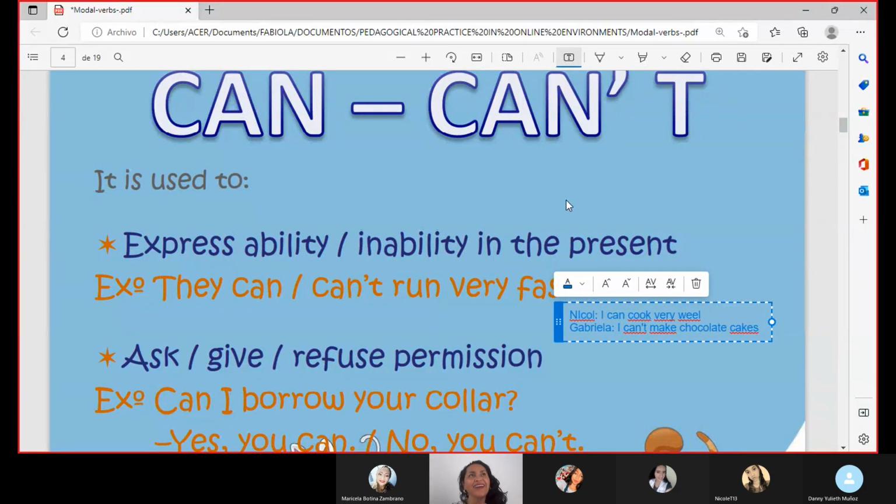Marisela. Give an example using both can and can't in the same sentence, please. I can ride a bicycle every day. Yes, teacher. And what activities can't you do?